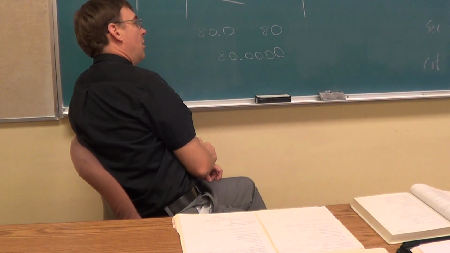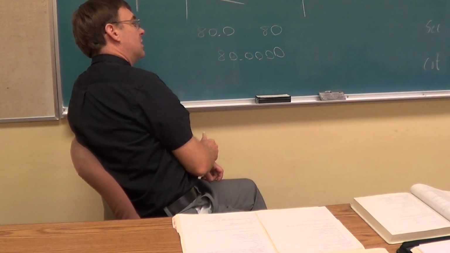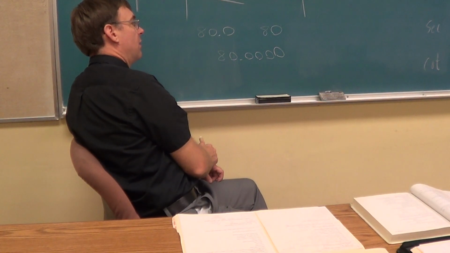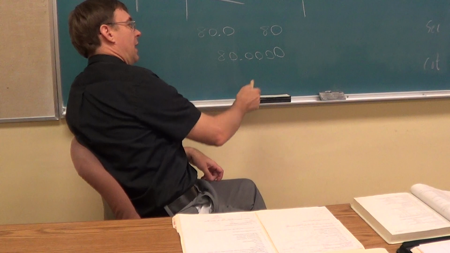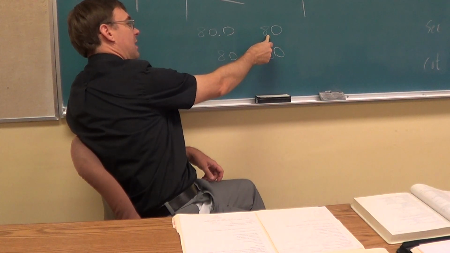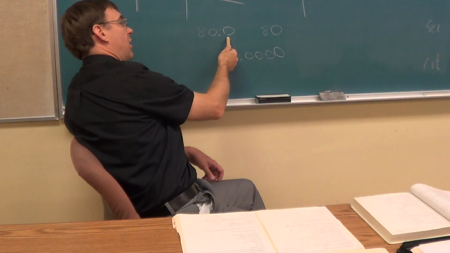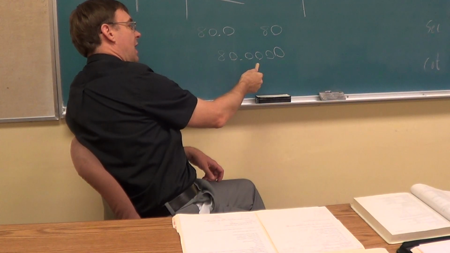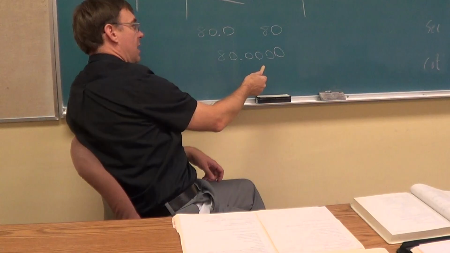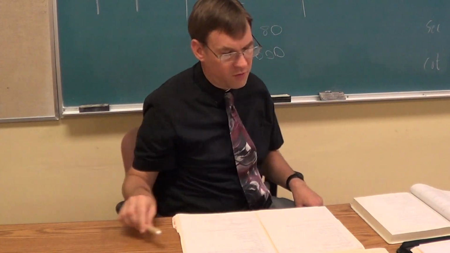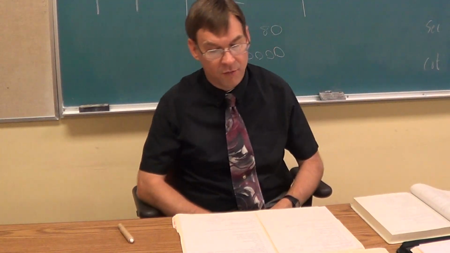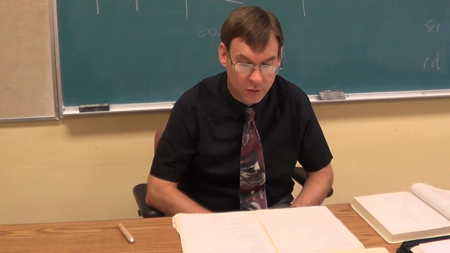In math, those are all the same. In science, each of these is communicating to you a different amount of certainty. Like, this is 80, give or take 10. This is 80, give or take a tenth. This is 80, give or take 1/10,000th of an item. So if you've been through physics, you know what I mean. If you haven't been through physics, this is like all news to you.